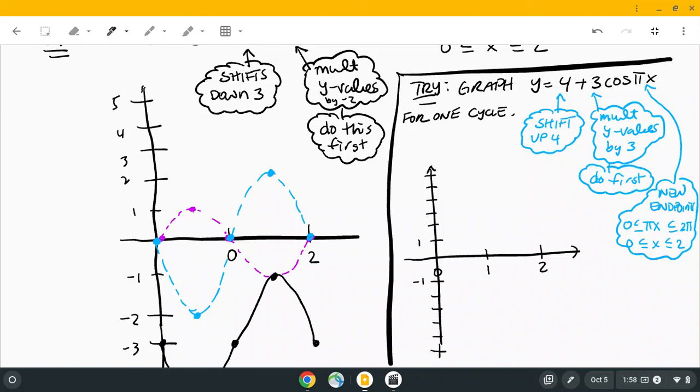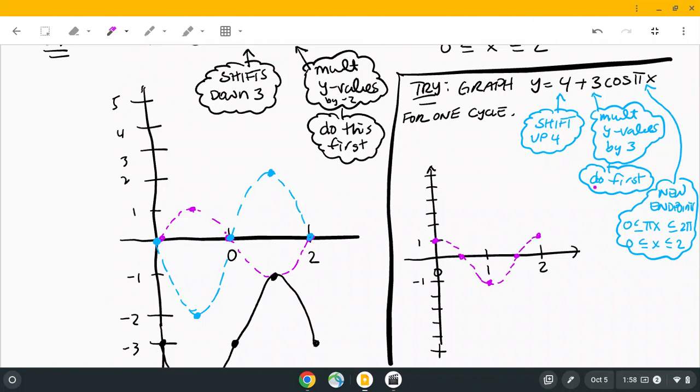Let's go ahead and plot the original cosine. The original cosine is 1 on the ends, negative 1 halfway in the middle, and 0 at the quarter points. That's basic cosine, right?